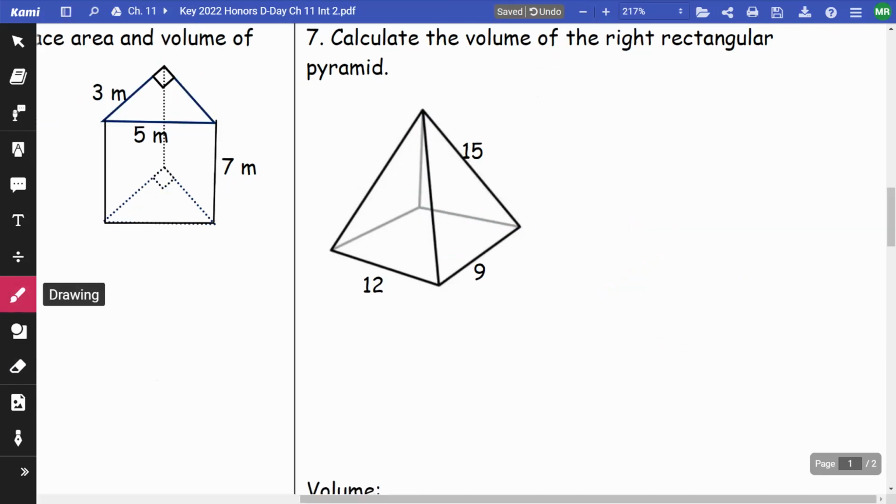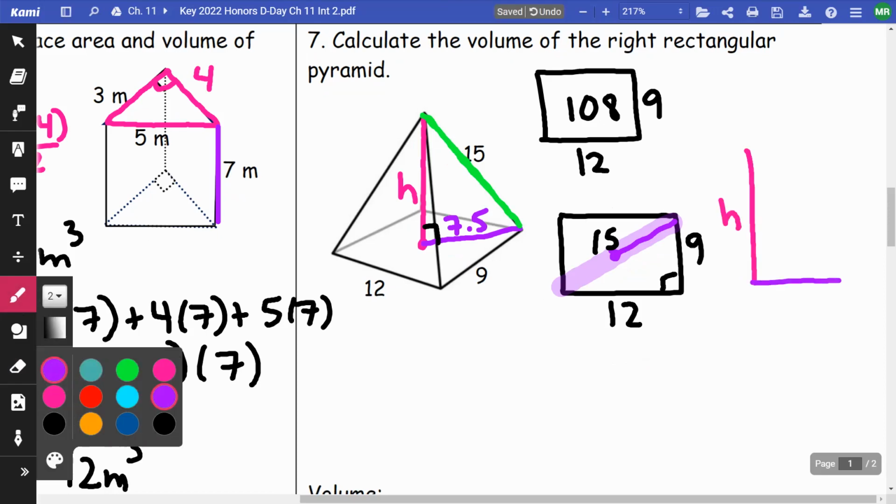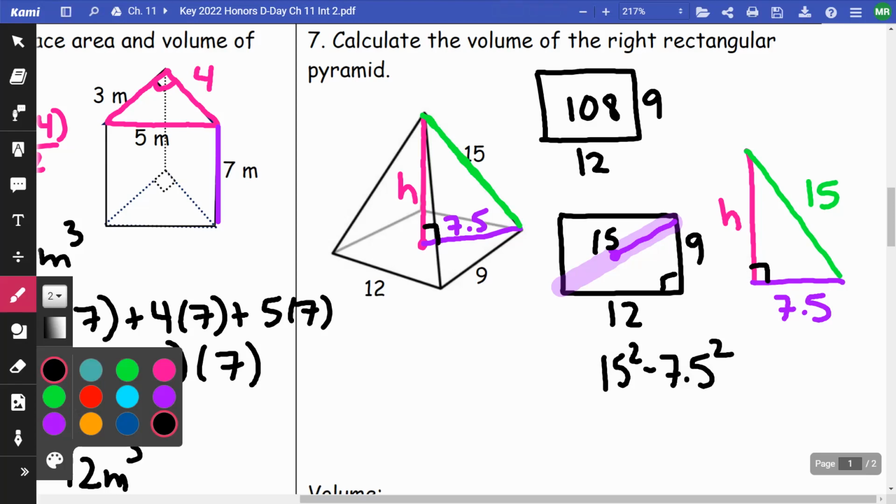So in my right triangle, this is going to be my height, this is going to be 7.5, this is 15, and here's my right angle. So I'm going to do Pythagorean: 15 squared minus 7.5 squared is equal to h squared.